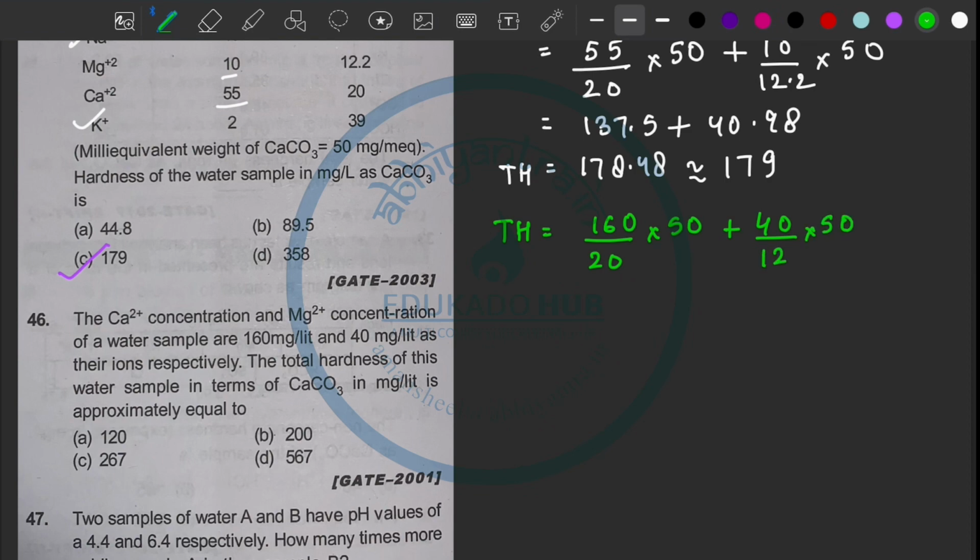So the values will be 80 and 400 plus 166.67. So this is 566.67, approximately 567. So the correct answer will be option D.